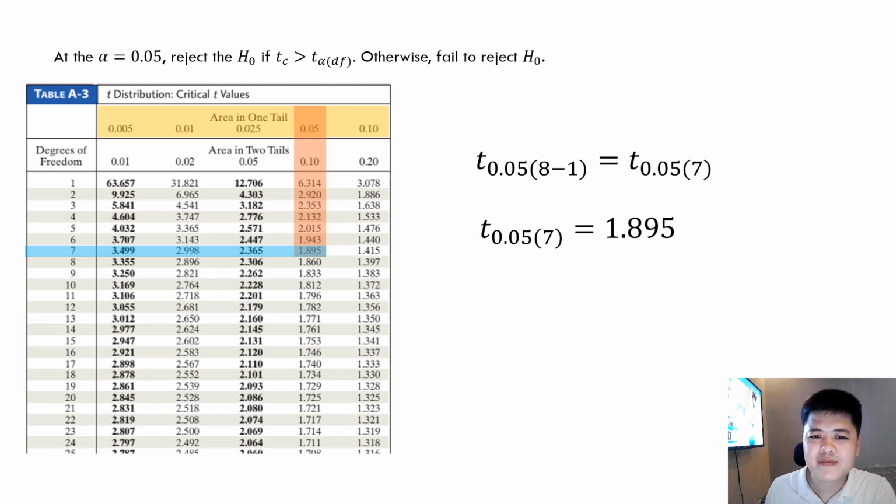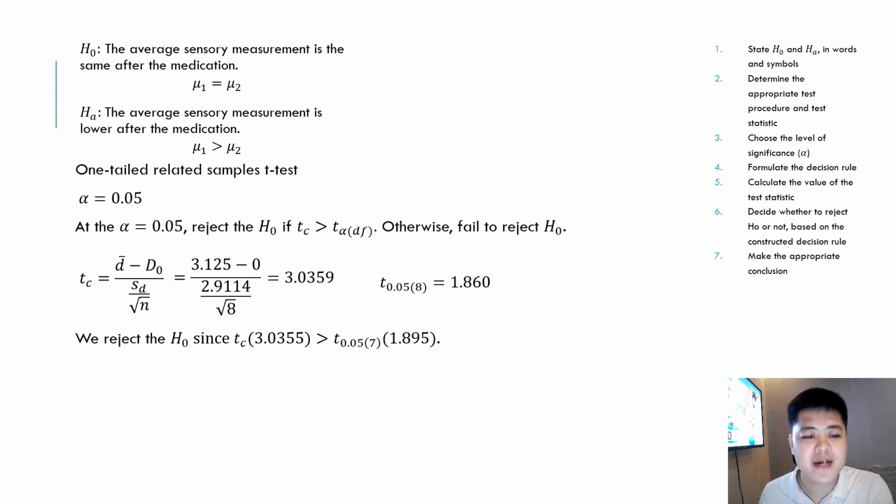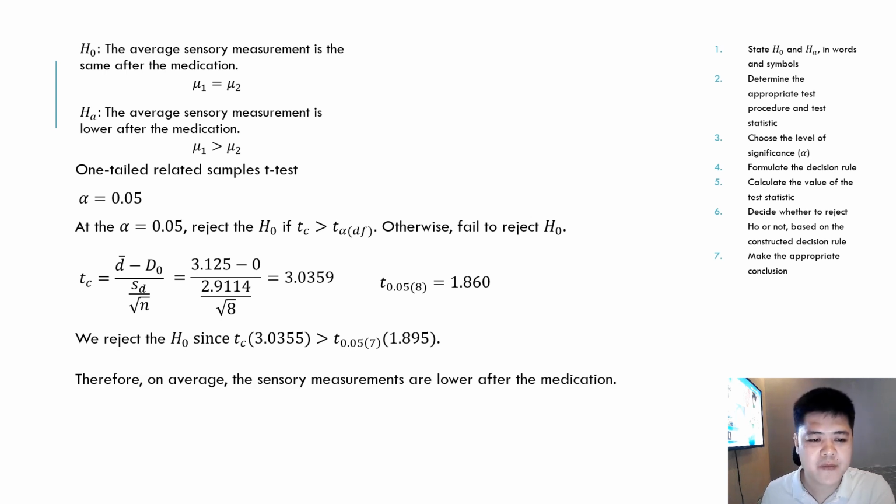Okay. So we're now ready to make a decision. We're going to reject the null hypothesis if the computed value of t is greater than the tabular value, and obviously 3.0359 is greater than 1.895, which means we're going to reject the null hypothesis. So our final conclusion, therefore: on the average, the sensory measurements are lower after the medication.